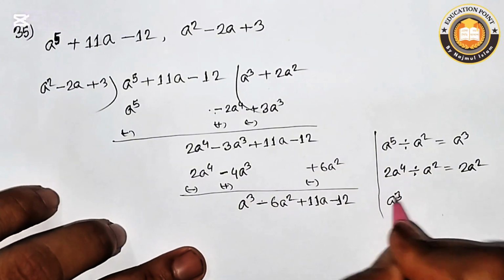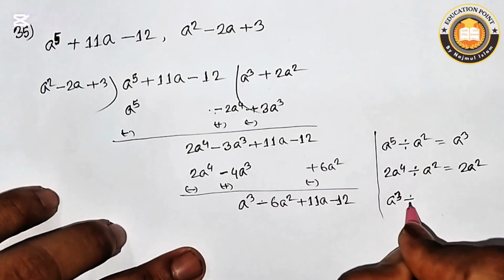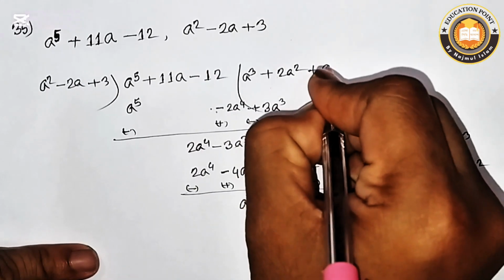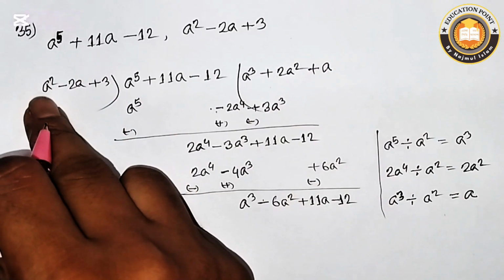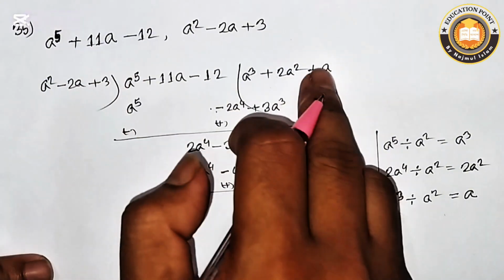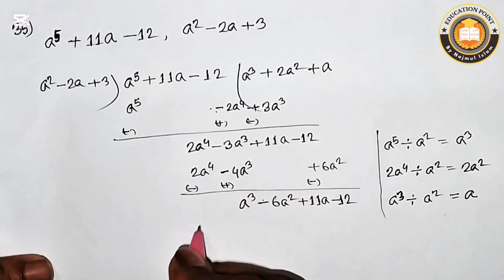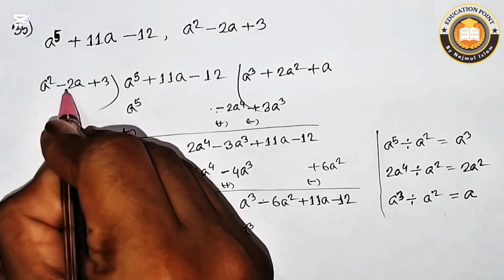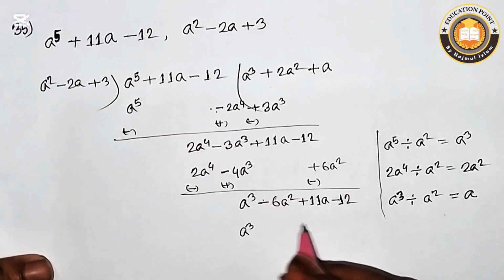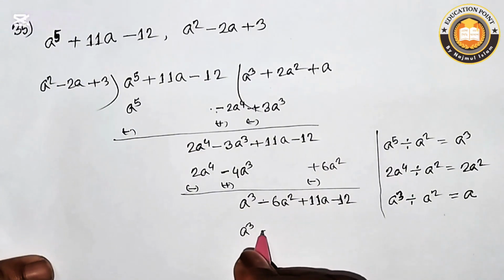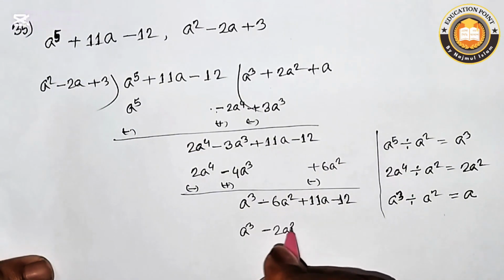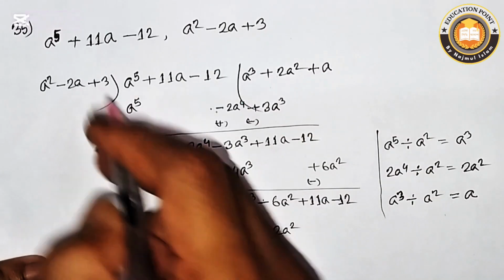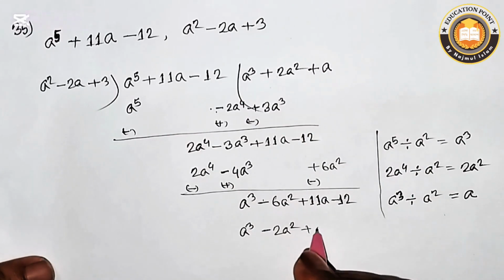Now a cube divided by a square equals a. Now a multiplied with a square minus 2a plus 3. A multiplied with a square equals a cube, then plus a multiplied with minus 2a equals minus 2a square, then plus a multiplied with plus 3 equals plus 3a.